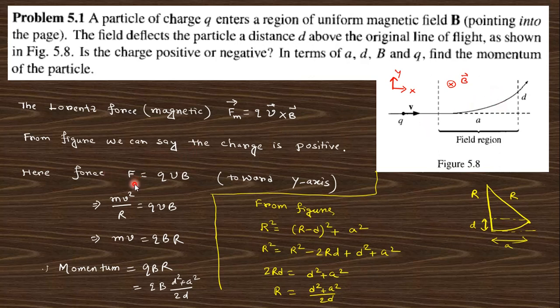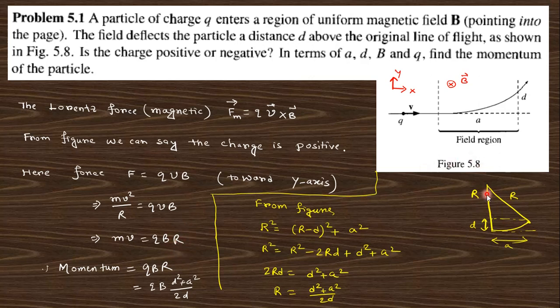Now this force is qvB, because v and B are perpendicular and sine 90 is 1. This force is provided as the centripetal force in the circular path, which is mv squared by r, from which we get mv equal to qBr. Now we need to find the value of r.